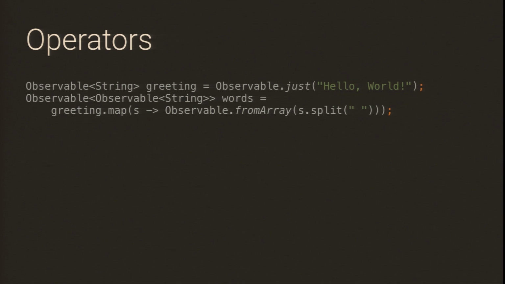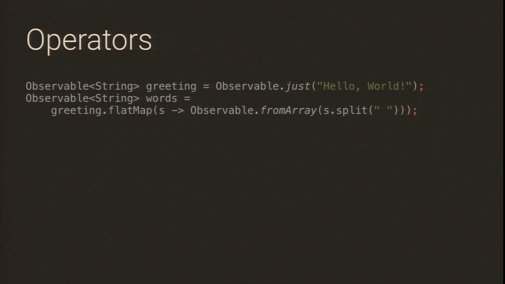You would subscribe to words, and then your onNext callback would get an observable, which you would have to subscribe to in order to get 2 elements out of, which sounds terrible. So what we want to do is take the inner observable that's being emitted and flatten it into the original stream. And funny enough, the method is called flatMap because that's exactly what it's doing. It's taking the source of data that you're returning.